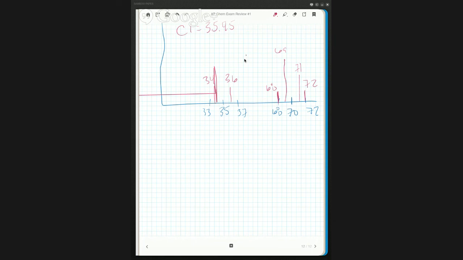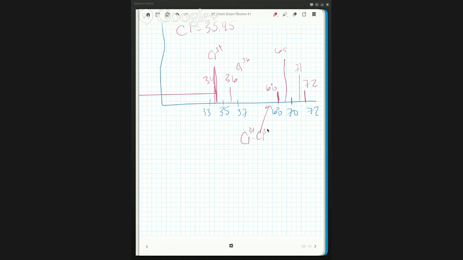So what that means is that this line right here is chlorine 34. Can't even tell what that is. Chlorine 34. And this is chlorine 36. And this right here, the 68, would be chlorine 34 bonded to chlorine 34. Oh, I'm so frustrated at the moment.